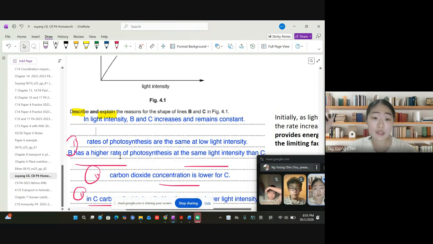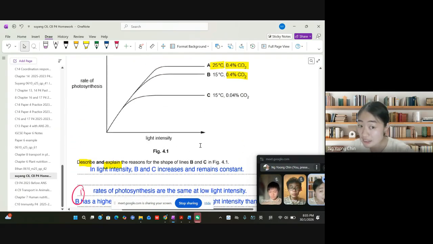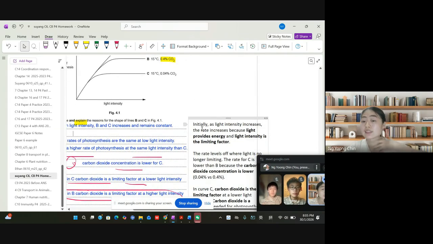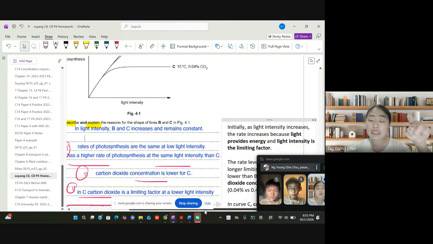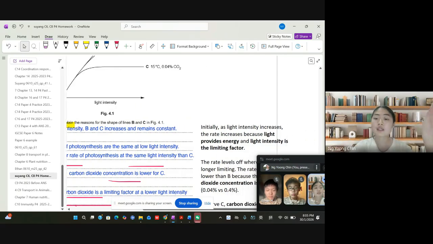You're writing about the trend of the graph, but it will be better if you write that whenever you increase the light intensity, the rate of photosynthesis also increases. This is also describing the trend of the graph. So here's the answer scheme, and you can see how they write the descriptions. You can see the relationship: whenever you increase the light intensity, your rate also increases.